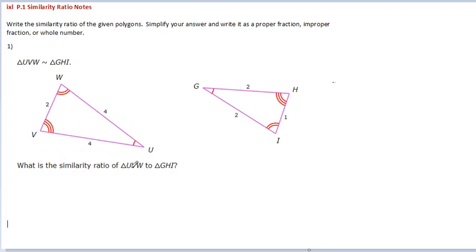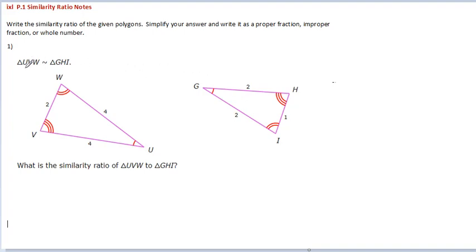Remember, it's important the order of the vertices here. So you've got triangle UVW. We know that it's congruent to GHI. So the sides should match up and the angles should match up in the same order.